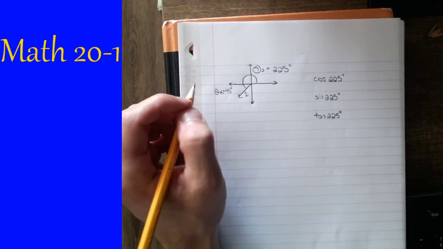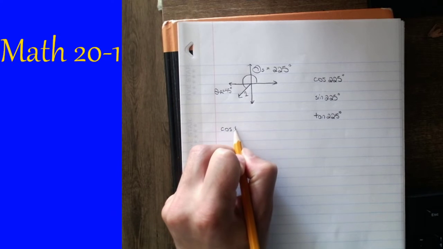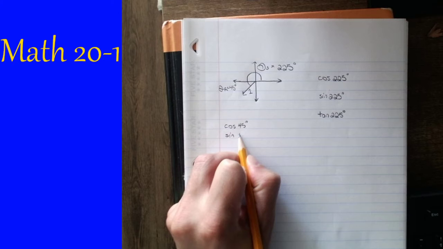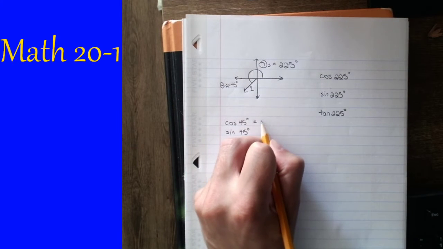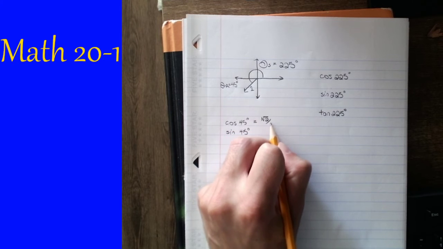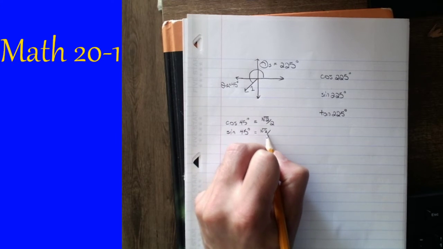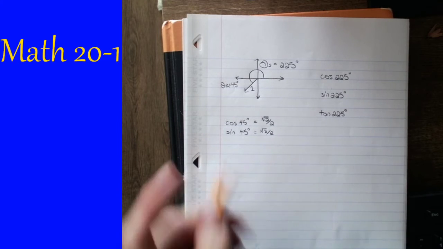If you recall, we have some basics that we should have written down or ingrained. For me, it's just memorized. Sine and cosine of 45 are the same, and it's root 2 over 2.